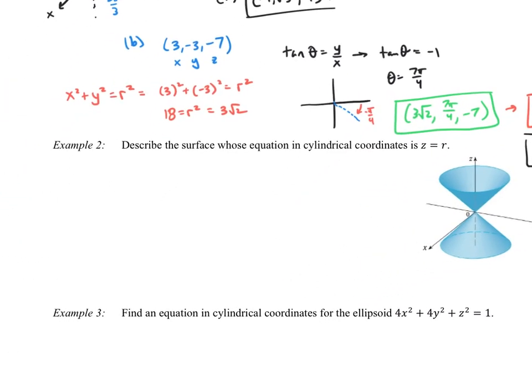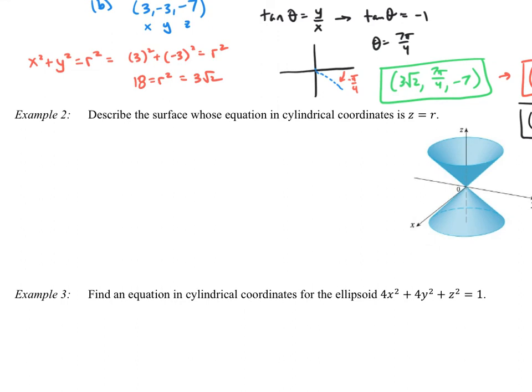We want to describe the surface whose equation in cylindrical coordinates is z equal to r. The goal is to tweak this and put it into an x, y, and z form. What we need to think about is how do we handle what is happening with r right there? r is the portion that is in cylindrical coordinates.